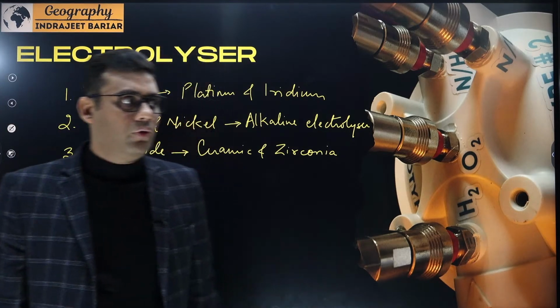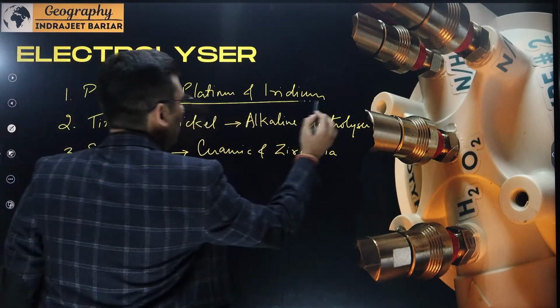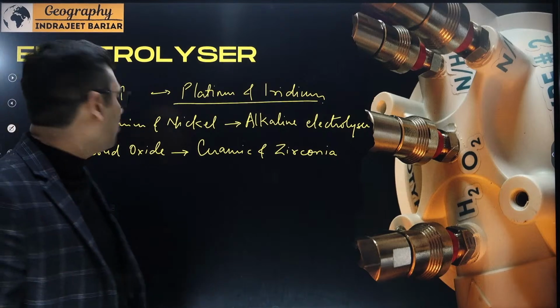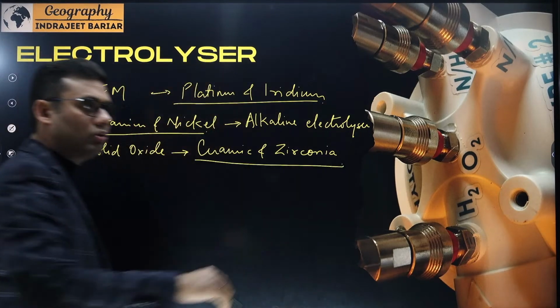So now we have to understand that this is mainly with respect to the elements that are needed, be it platinum or iridium, or titanium and nickel, or ceramic and zirconia.